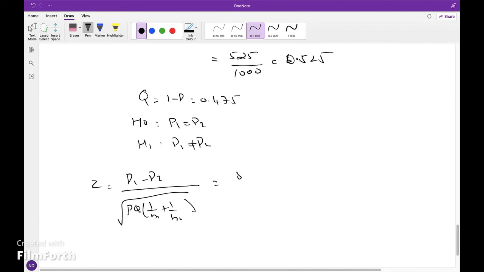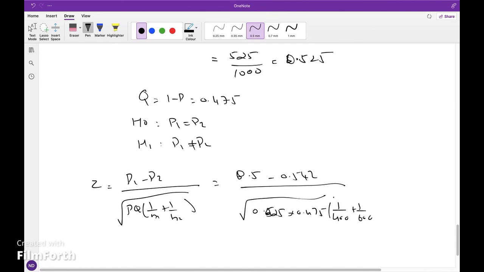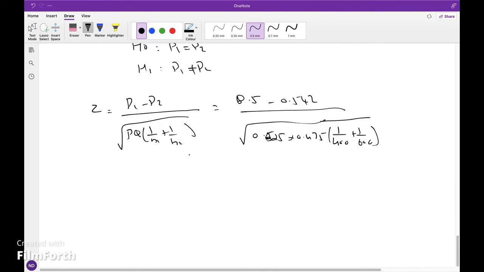That is equal to 0.5 minus 0.542 divided by square root of 0.525 into 0.475 into 1 by 400 plus 1 by 600. Using a calculator, this value is minus 0.042 by 0.032. That value is negative 1.31. So modulus of Z is equal to 1.31.